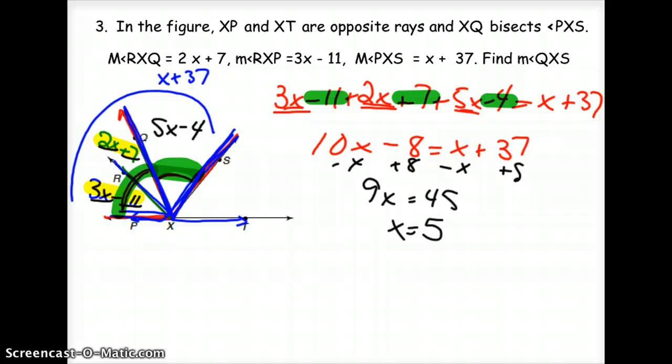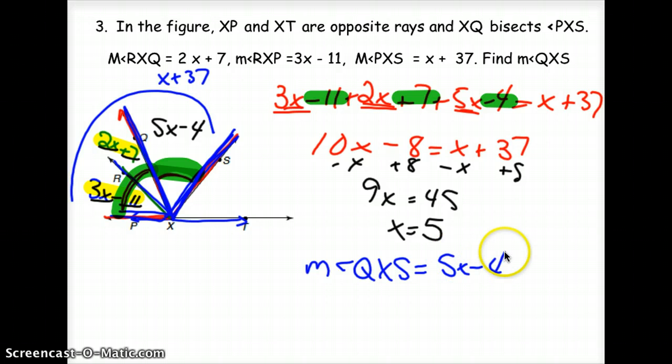So my measure of angle QXS equals, it is 5x minus 4. So I'm going to go ahead and plug the 5 in. And remember, this is a problem for you guys in your homework. You're not just writing that down. You're just going ahead and writing maybe 5 times 5 minus 4, but you're not talking about what it represents. It represents QXS.